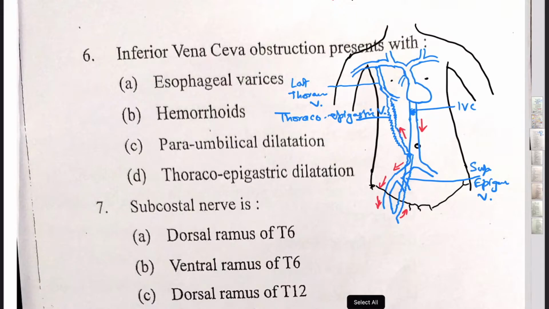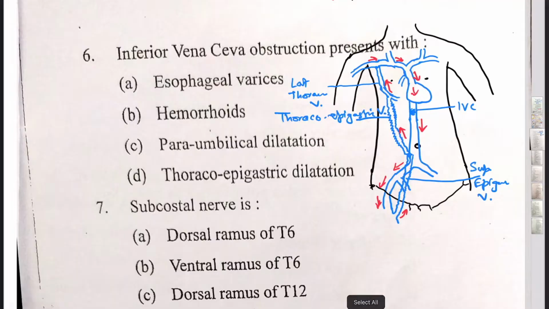Then through the thoraco-epigastric vein, it will reach the lateral thoracic vein, then the axillary vein, subclavian vein, brachiocephalic vein, superior vena cava, and will reach the heart. So that is a reverse circulation, and again the reverse will happen if there is obstruction of the superior vena cava. So the blood will descend from above and will reach the heart through the inferior vena cava, and this will happen bilaterally, on both sides.